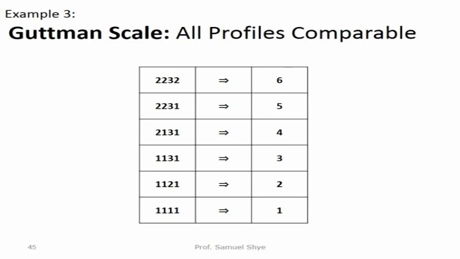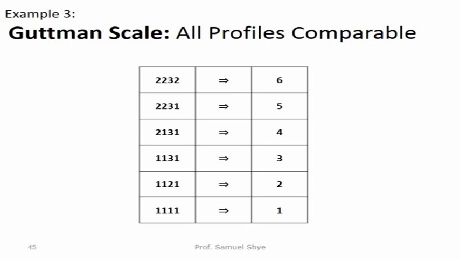Example 3 is Guttman scale. Some of you may have heard of Guttman scale. If all observed profiles are comparable, then a single scale suffices to represent all order relations between them. Any set of ordered numbers may serve as a scale, for example, the natural numbers.